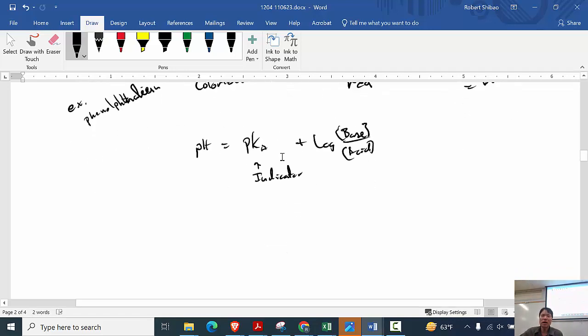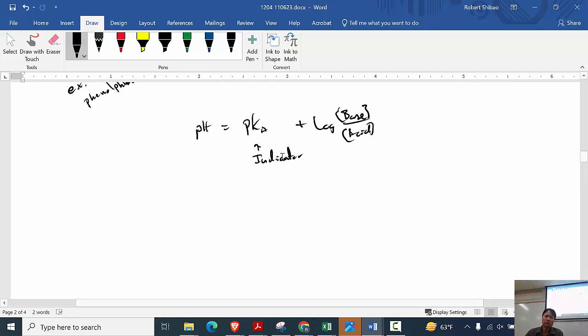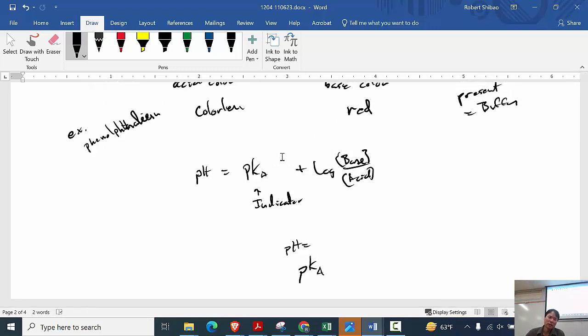The way it turns out for indicators is like this. If we have a pH that's equal to the pKa, then what's the ratio of base to acid? First, what is the pKa of phenolphthalein? The pKa of phenolphthalein is around 8.